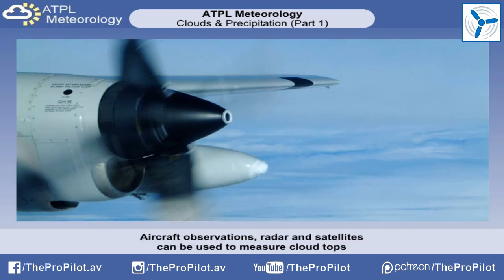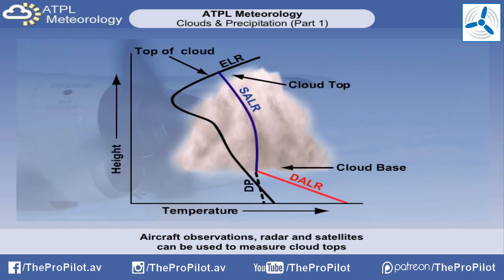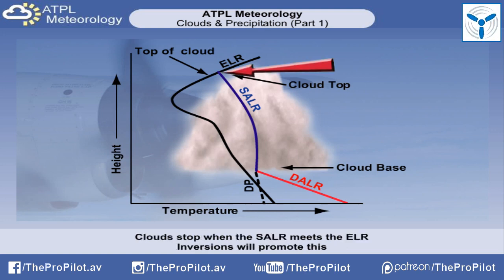Aircraft observations, radar, and also satellite images can be used to measure the cloud tops, but the more usual way is using a height temperature graph obtained from a radiosonde. On our graph, notice how the cloud stops at the point at which the SALR meets the ELR.